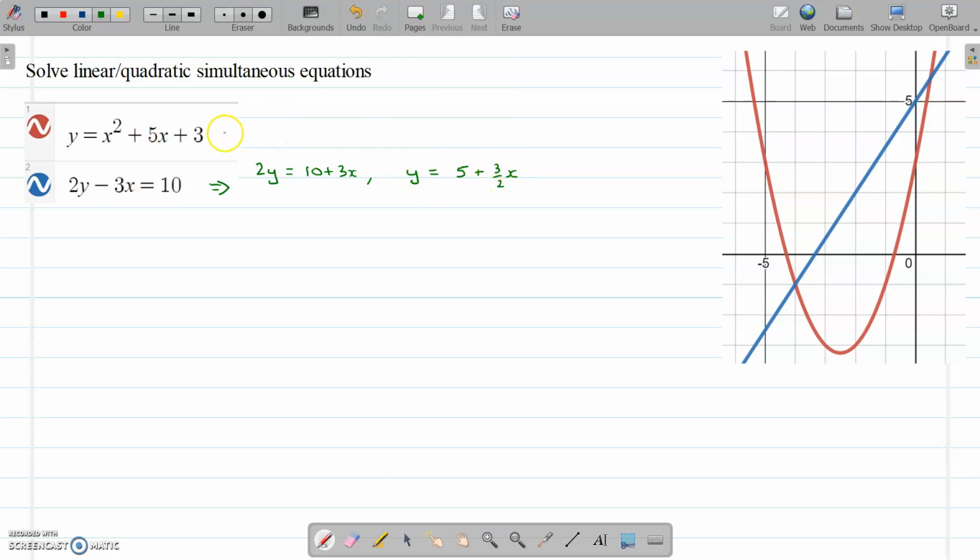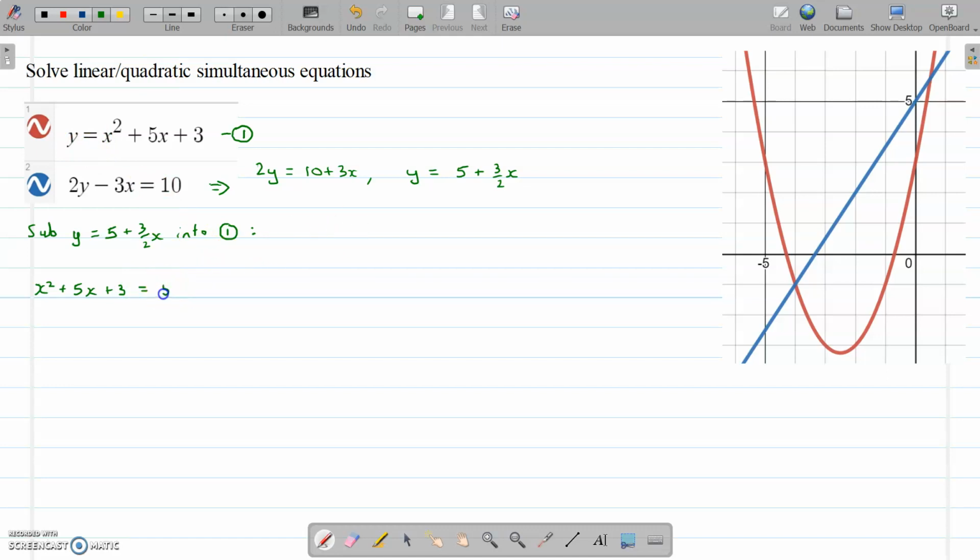I'm going to call this equation 1, and I'm going to sub y equals 5 plus 3 over 2x into equation 1. That's going to give me x squared plus 5x plus 3.